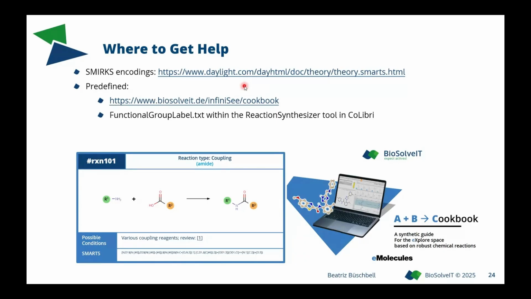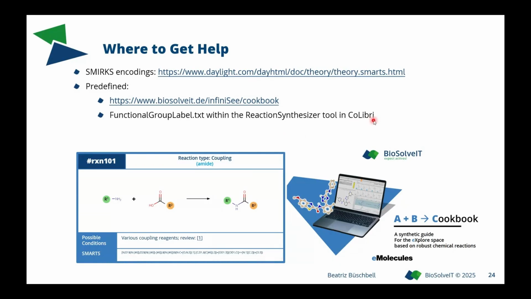I glossed a bit over it now, but if you want to really deep dive into it. And we also have this cookbook that was also mentioned in the Drug Space Symposium that we created, where you have all these reaction definitions, also visual representations, also with a paper attached, so a reference, and then directly the code there. So that is where you can get started.